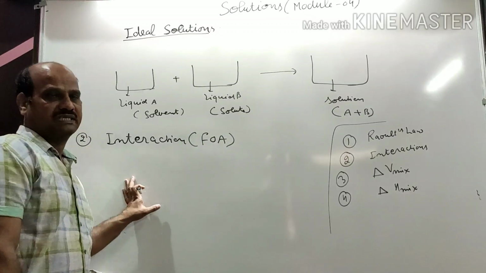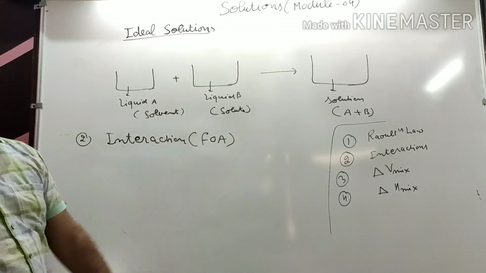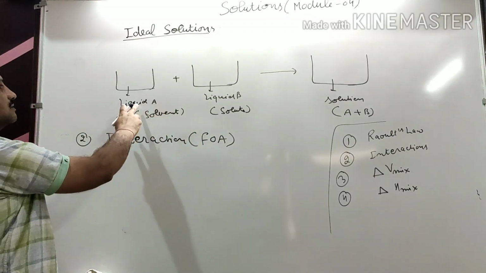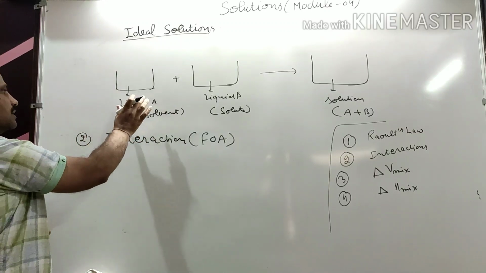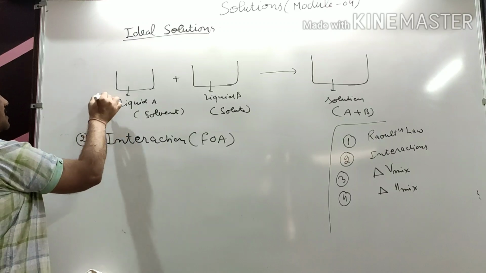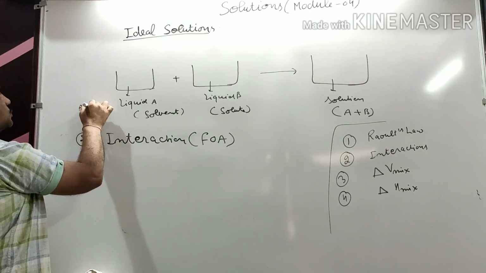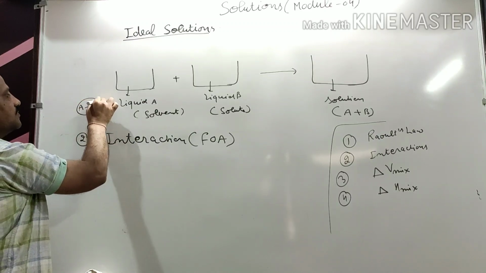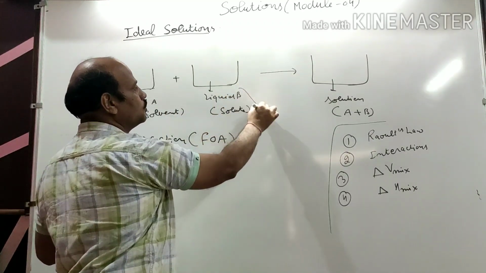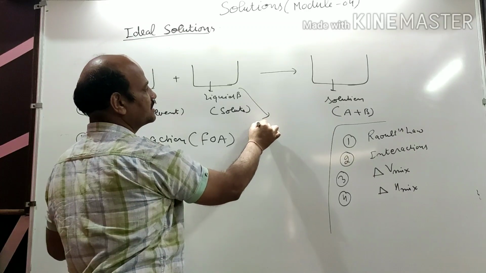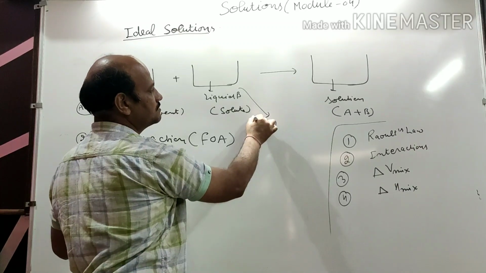Here there is an interaction between solvent molecules, represented by the AA interaction, and among solute molecules the interaction is the BB interaction.